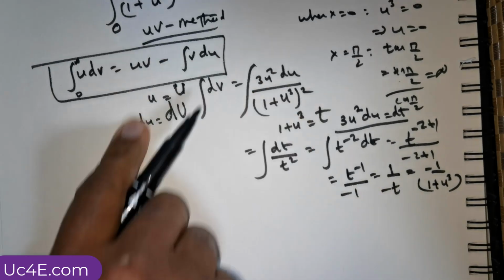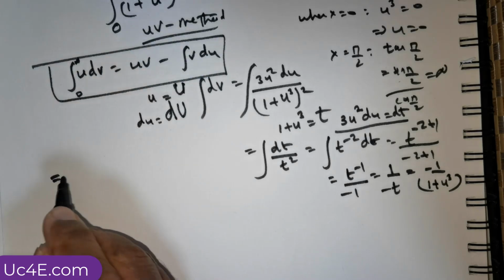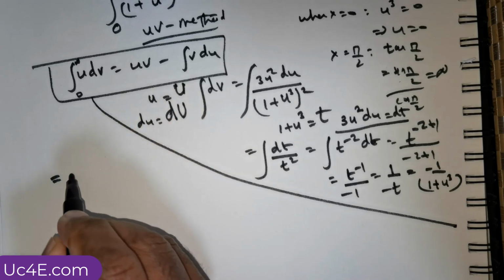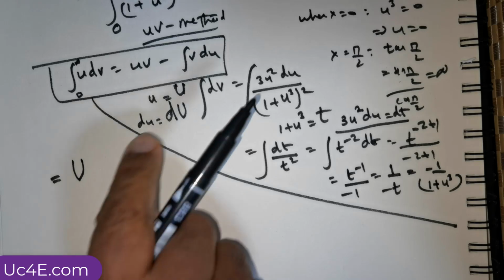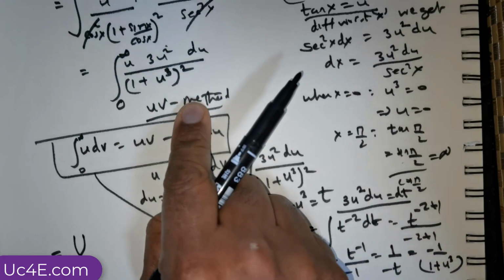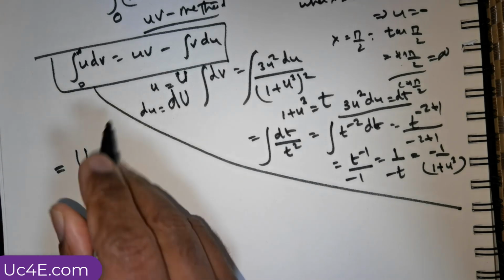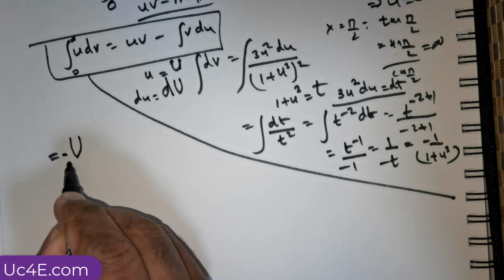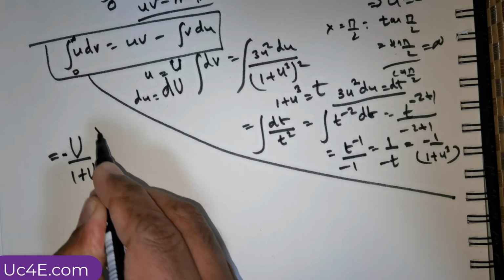So if I were to take the values and place them here, my u is this capital U, which is the variable which we have been using here, so there is no issue with that. My v is going to be this quantity, negative 1 divided by 1 plus u cubed.